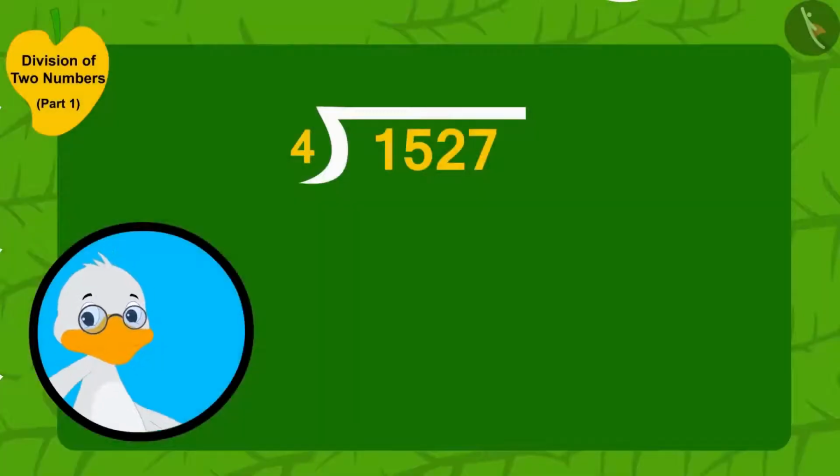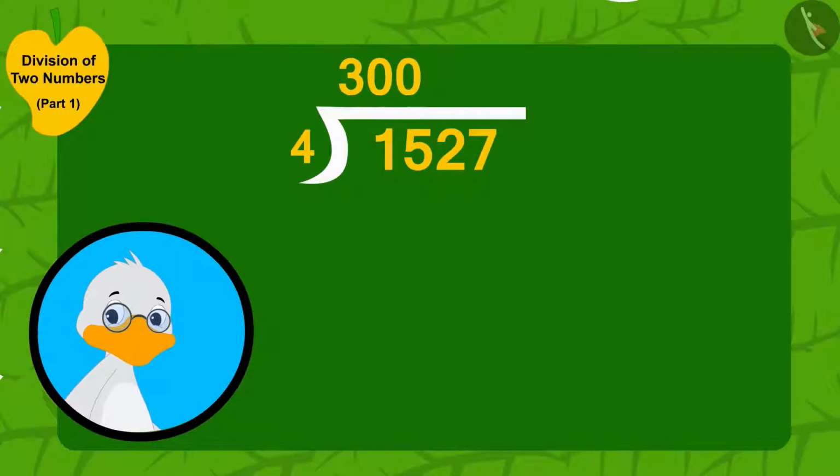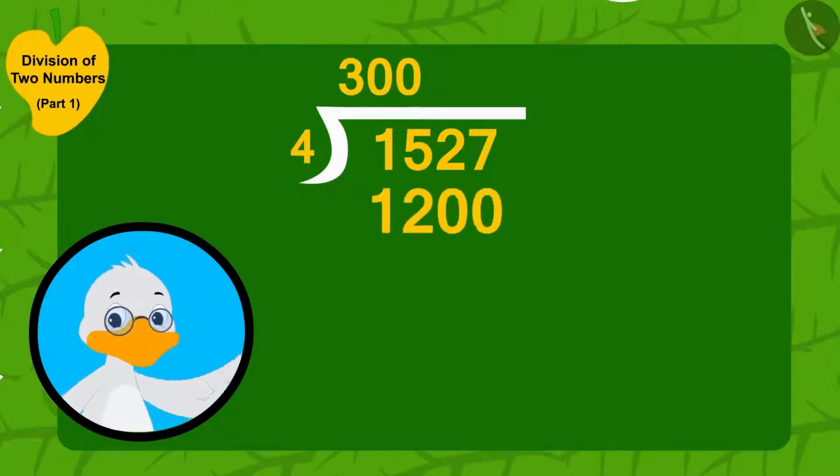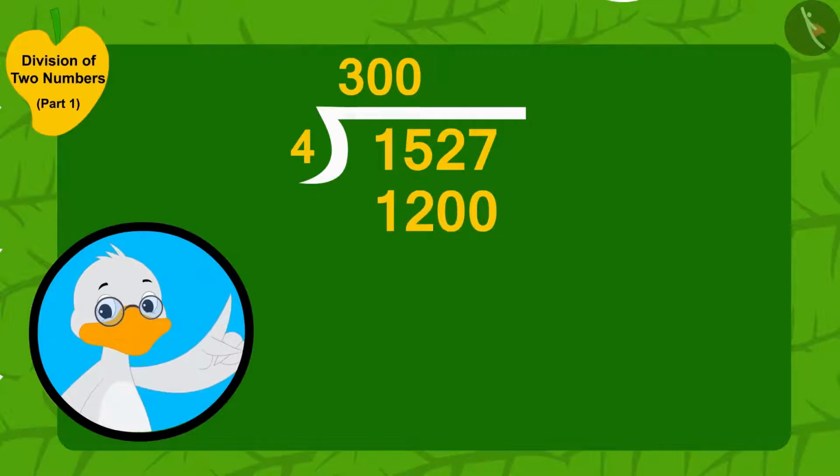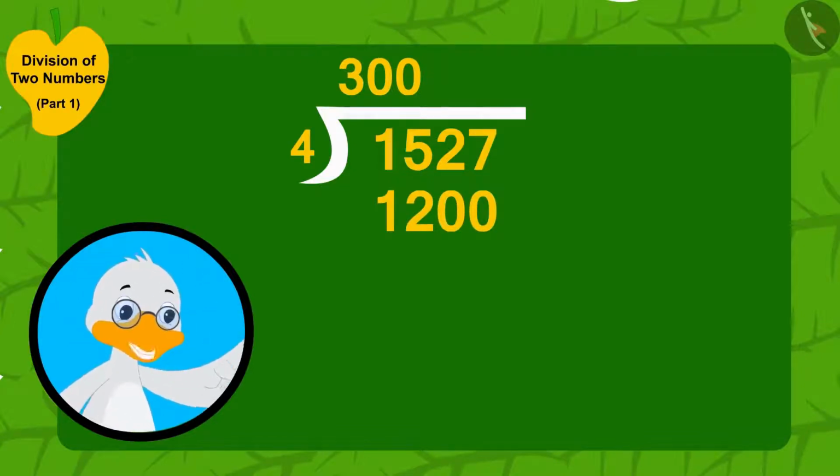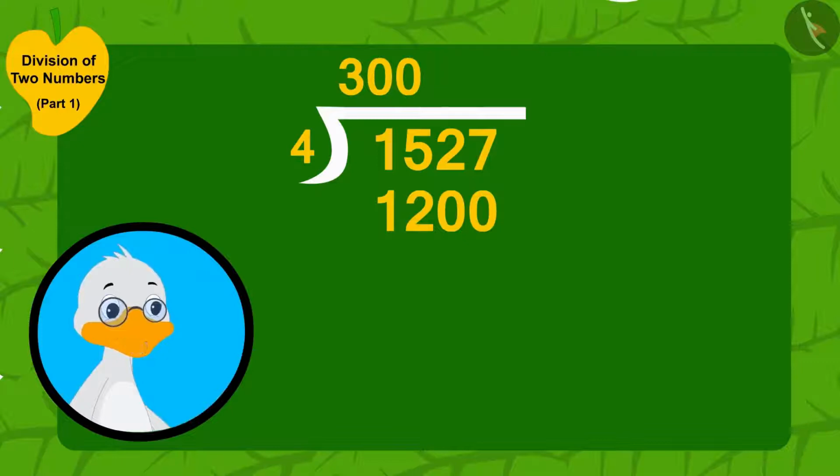Now, uncle wrote 300 here, and here he wrote 1200. To find the number of mangoes that are left, I would subtract 1200 from 1527.